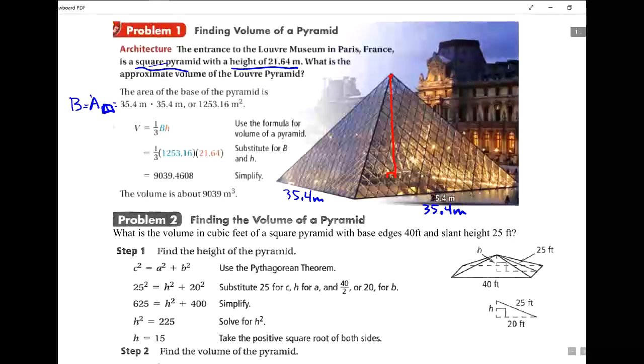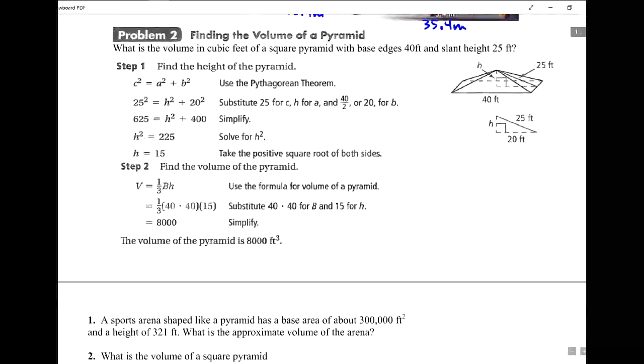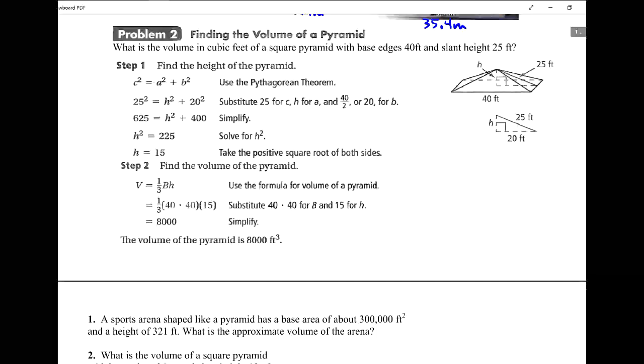That's easy enough. Let's look at our next example, because you know they're never that easy. What is the volume of a square pyramid with base edges of 40 feet? Oh, and here's where they're trying to get us. A slant height of 25 feet.